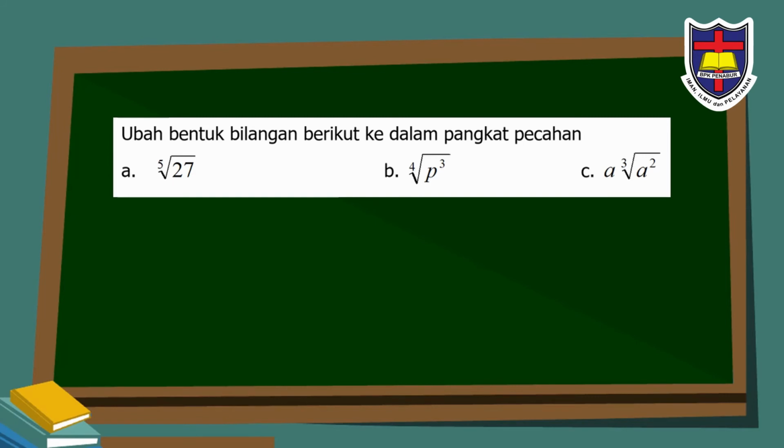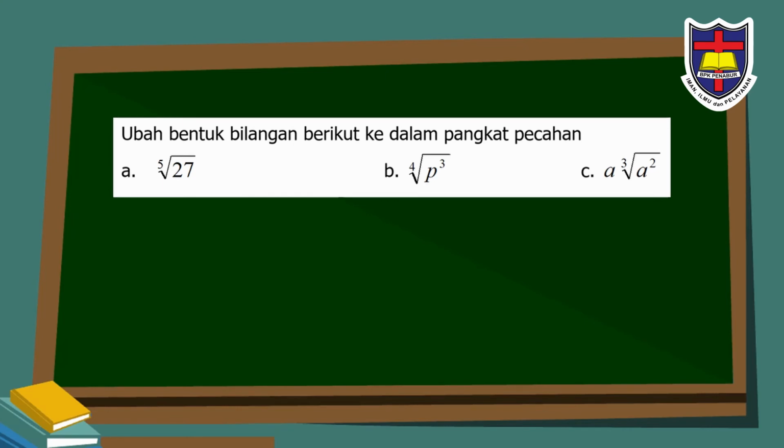For the first example, we must change the radicals into fractional exponents. A, fifth root of 27, B, fourth root of p to the power of 3, and then C, a times third root of a to the power of 2.